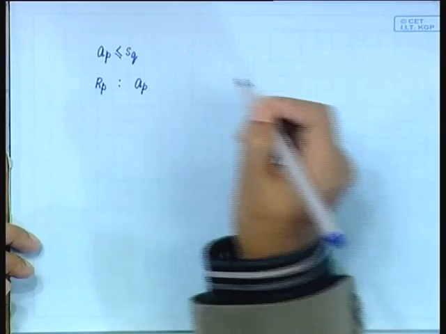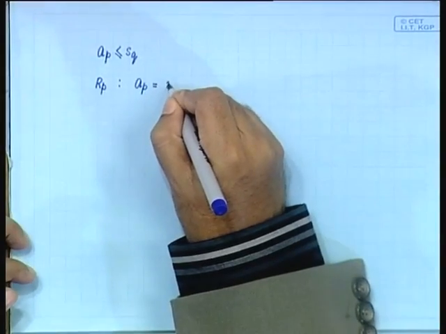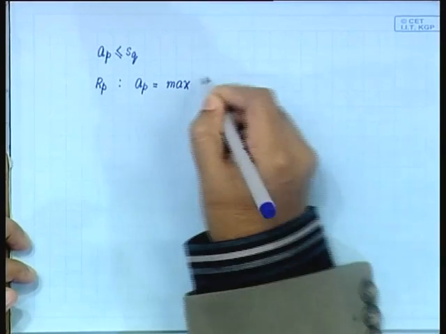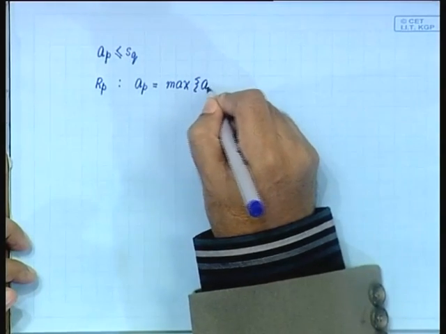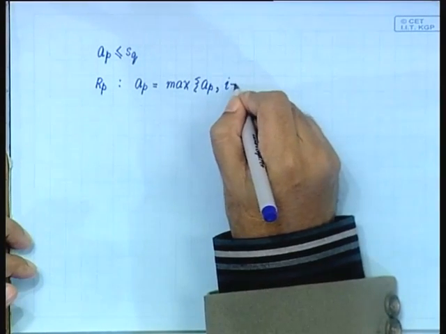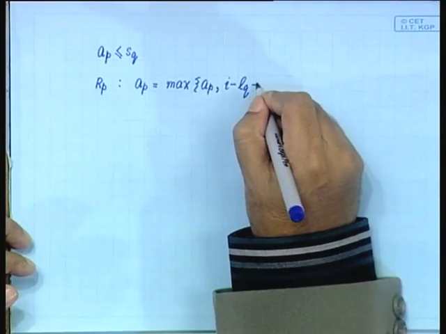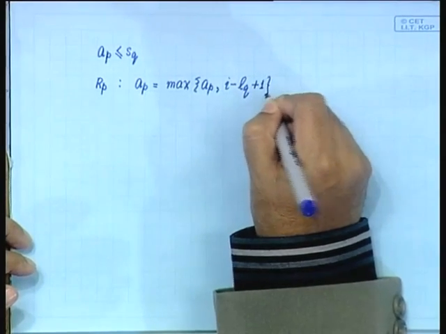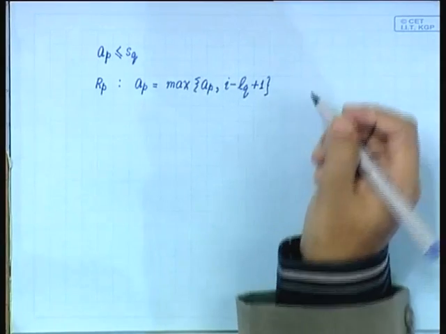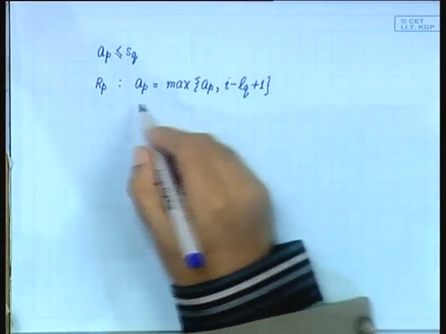What do we do with AP? We take this to be max of AP and I minus LQ plus 1. Now, what can we say about SQ from this?